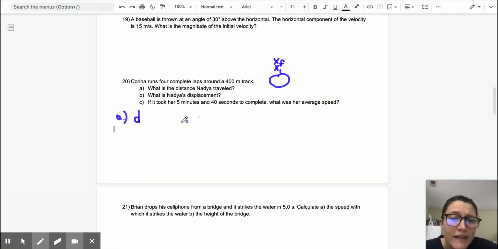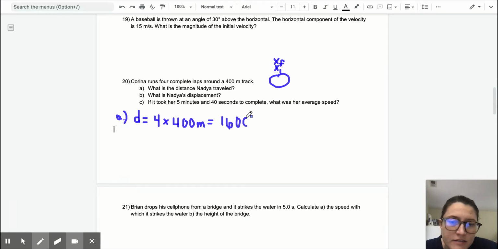So 4 laps of a 400-meter track, every step that she took, would be 4 times 400 meters. So we would get 1,600 meters is the distance.